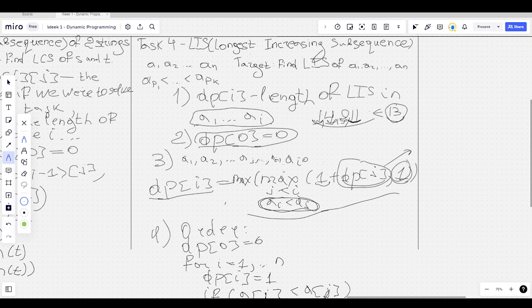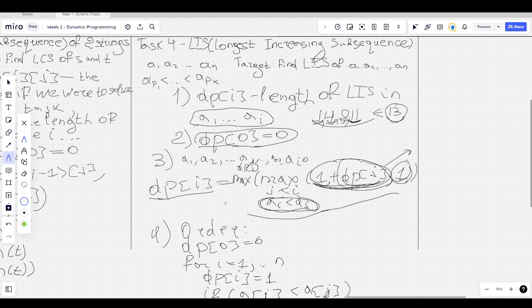What are the cases? We must iterate over all the answers, and if for this answer dp g, a g is less than a i, then we try to improve our maximum, improve our value, and we take this number.